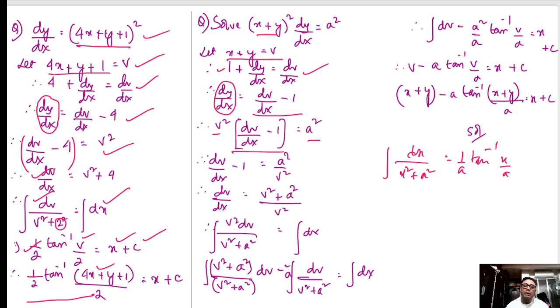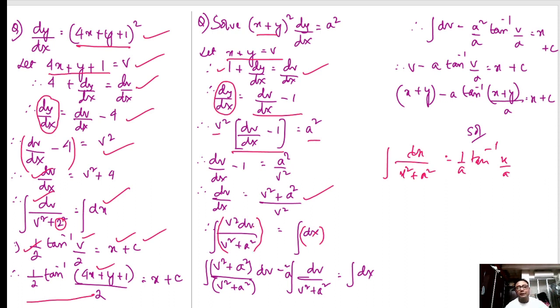And now our target will be to separate the dv and the dx. See how we are separating: minus 1 goes on this side, it becomes this, and now it becomes easy for us to separate all the v with dv on one side and x with dx on the other side. And now integrate, give the integration sign.